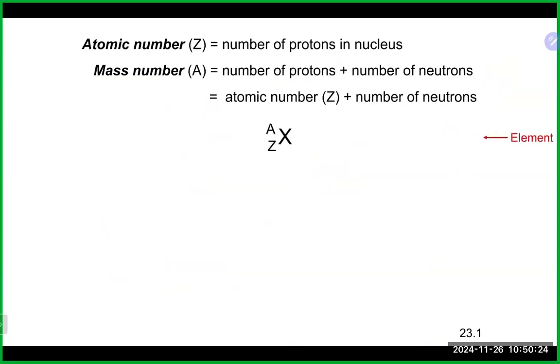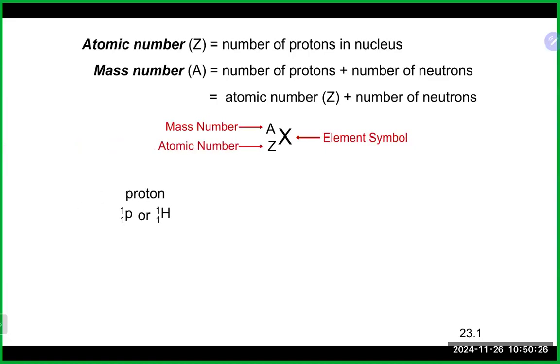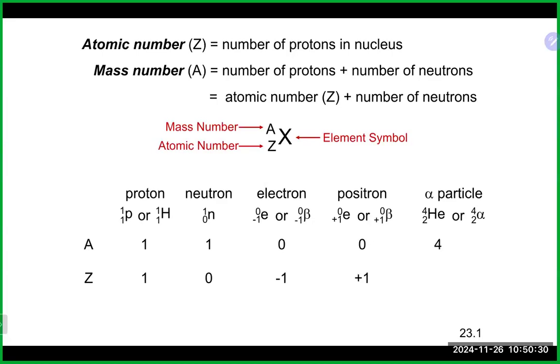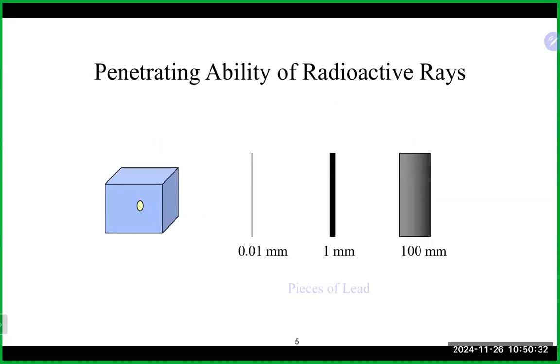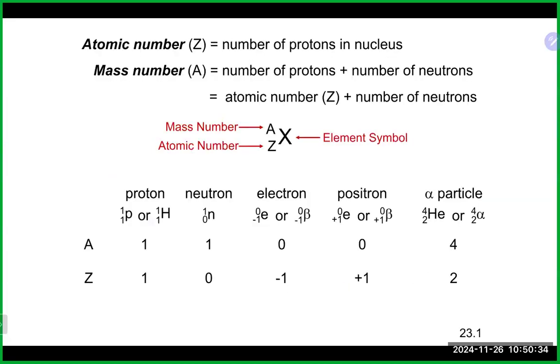As I mentioned a second ago, we have symbols which are very commonly written. On the top left is our mass number. On the bottom left is our atomic number. If you want to know the number of neutrons, you can find it by taking the mass number minus the atomic number.